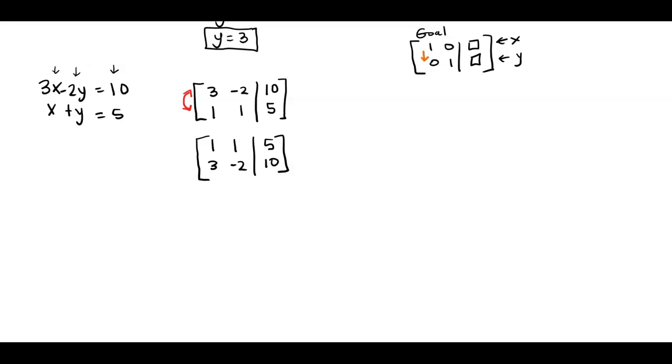So I want to make this 3 in the bottom into a 0. And the way we can make zeros is, if we were trying to eliminate the 3 or the x's here, we would be multiplying that bottom row by a -3 and then adding those together.